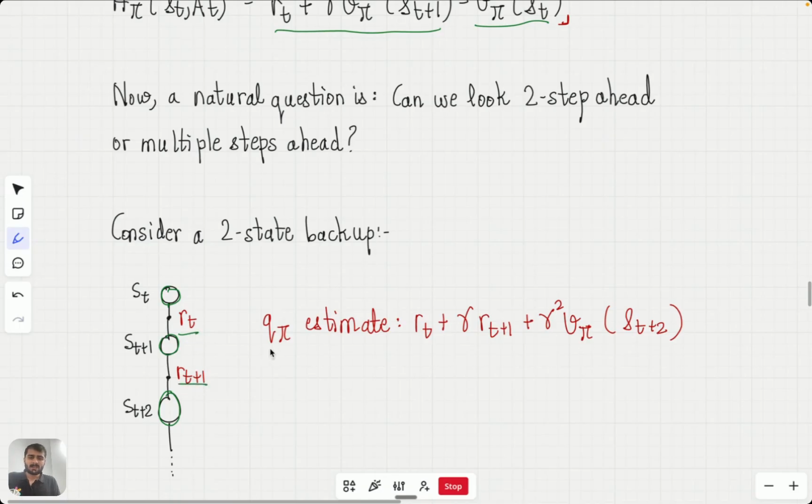So you can write down an estimate for q pi as the summation of the rewards received, which is rt plus gamma rt plus 1, plus gamma square times v pi of st plus 2. Remember here that we are calculating the value function of st plus 2, whereas for a one step backup, we had calculated the value function for st plus 1. So we are looking two steps ahead over here.